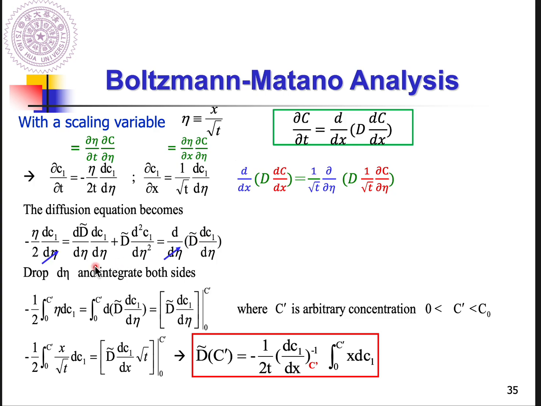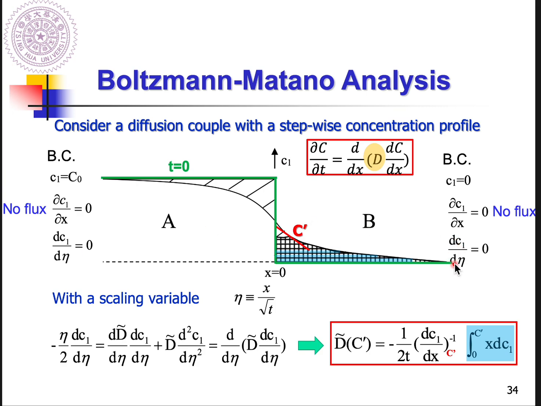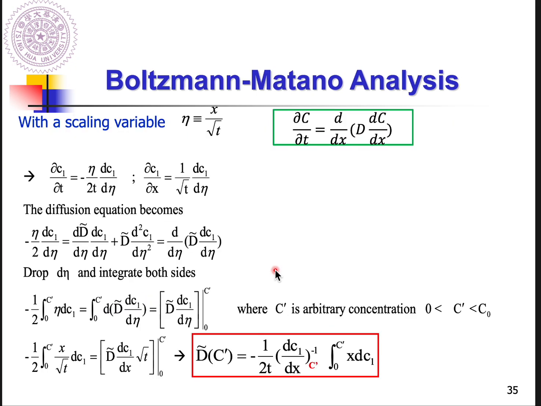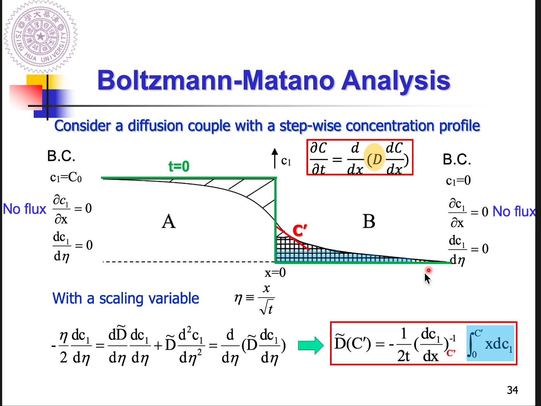Then you drop the iota term, and integral both sides, from where to where? When you integral, you need to know the bottom limit and upper limit. So integral for the c dc will be from 0 to c prime.